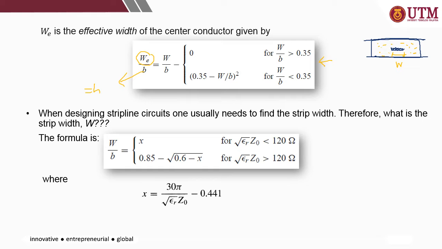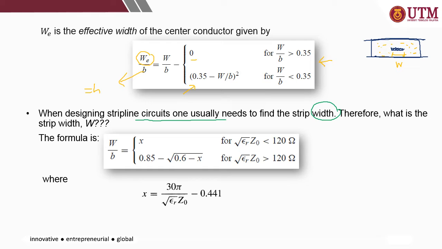For W over B larger than 0.35, the ratio of the effective width WE divided by B equals 0, and otherwise it will be this. When designing a strip line circuit, the width is one of the important parameters that you need to look at.